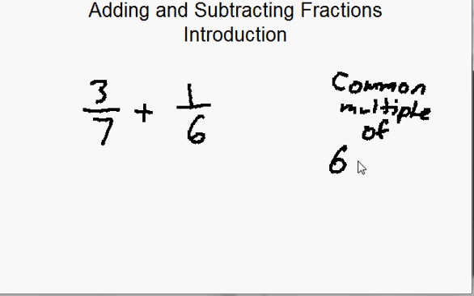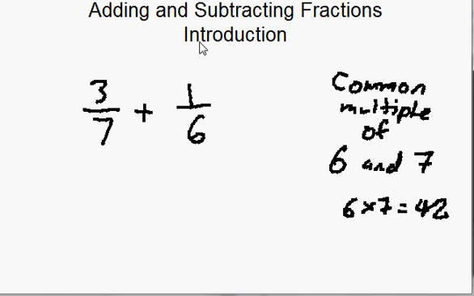How do I find a common multiple of 6 and 7? Well, one safe way to do it is to just multiply 6 and 7. 6 times 7 is 42. Because I know that I can multiply 6 by something to get 42, and I can multiply 7 by something to get 42. So 42 is a common multiple of 6 and 7.